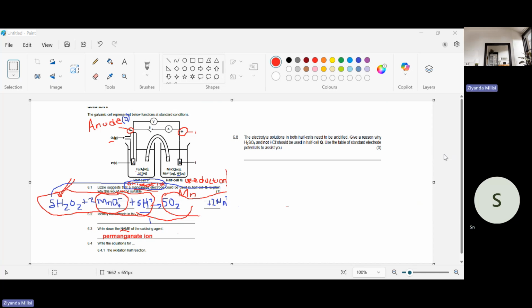Where you will see SO4 and Cl minus. You look at those ions. I think I can only see 2.